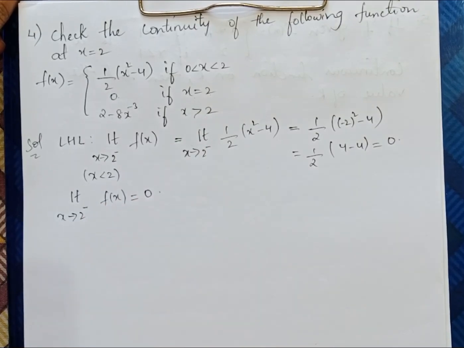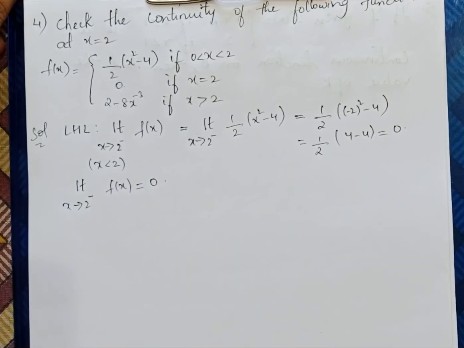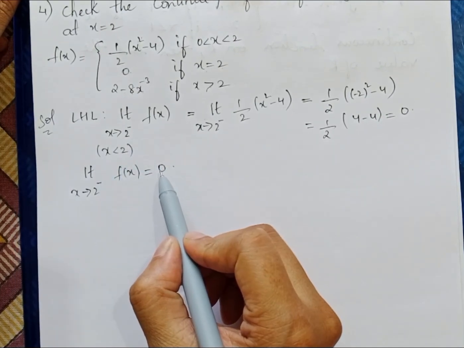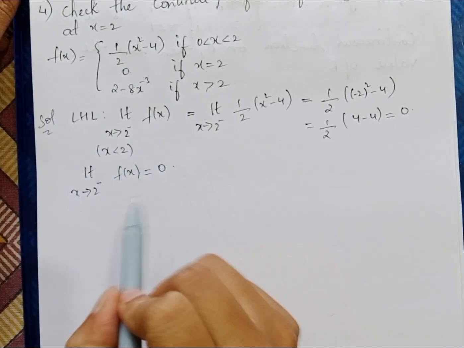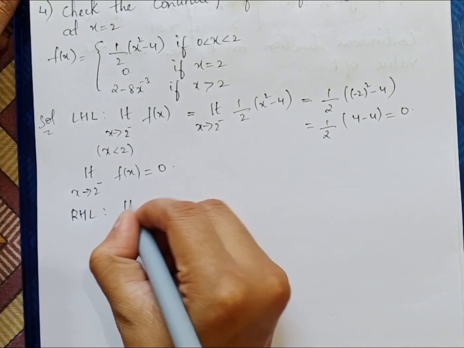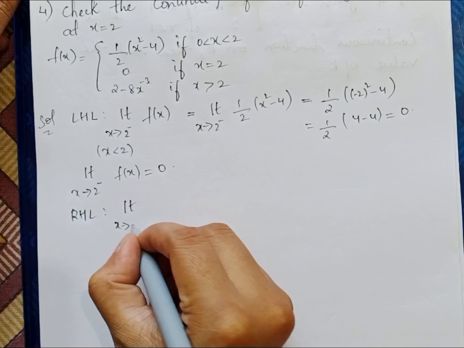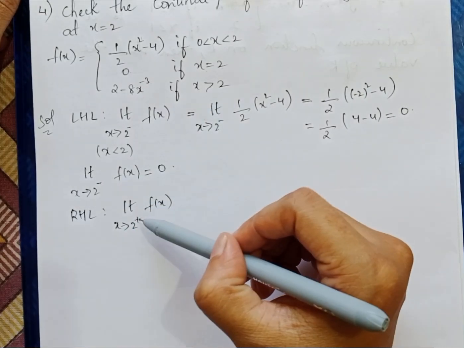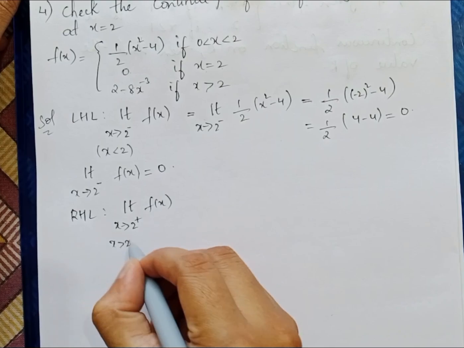Now we will solve for the right hand limit, which is for x greater than 2. If we get the same answer as 0, then they are continuous, or else they are not continuous. So right hand limit will be limit x tends to 2 positive of f of x. 2 positive means x is greater than 2.